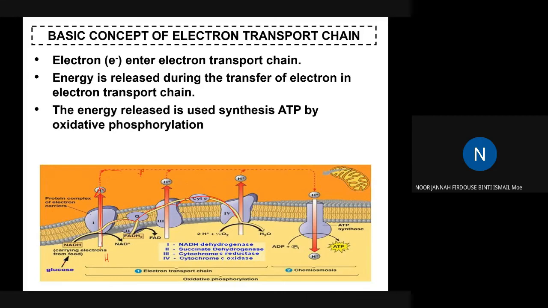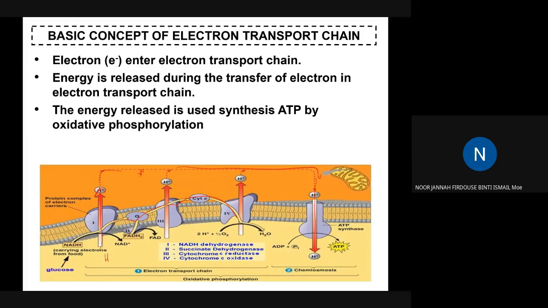Jadi berlaku peningkatan hydrogen ion di ruang antara membran. So the increase of the hydrogen ion in the intermembrane space akan menyebabkan kecerunan kepekatan pula di intermembrane space. Jadi bila kecerunan kepekatan wujud, dia akan induce the hydrogen ion to be moved into the matrix balik.